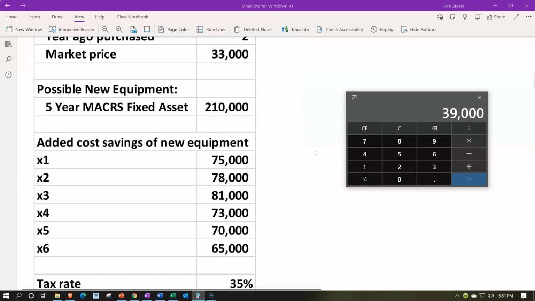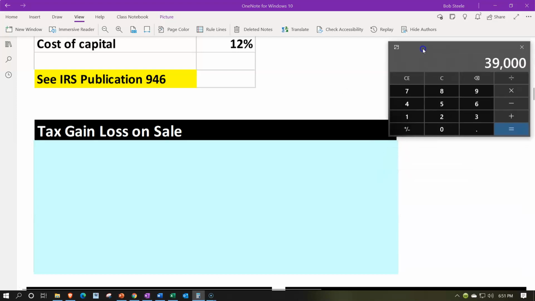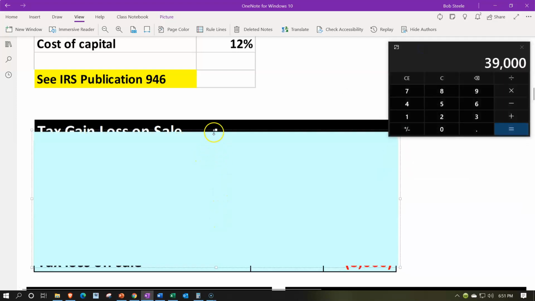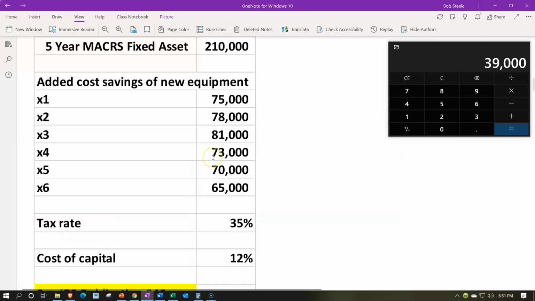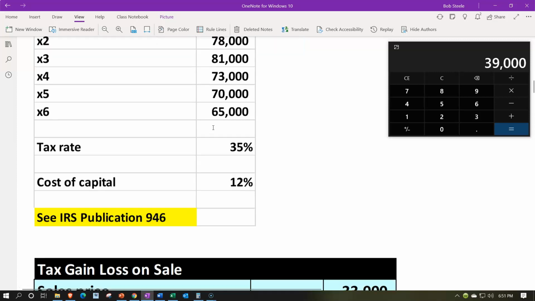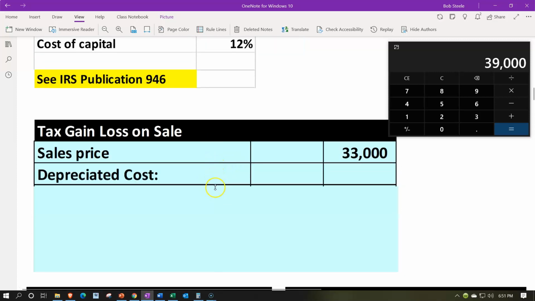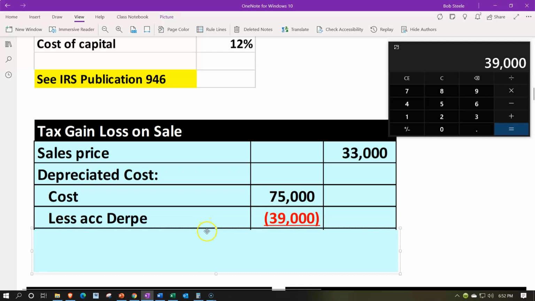Okay, next step is we're going to take a look at the tax gain on the sale. So if we were to sell this thing, then we'll say that the sales price is the $33,000 because we said that's the market value. So if we sell the old piece of equipment, we'll get a cash inflow of the $33,000. And then we're looking at the depreciated cost, or kind of like the book value on a tax basis, meaning the cost minus the accumulated depreciation.